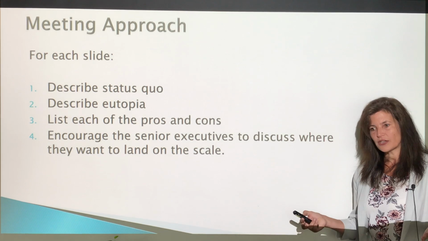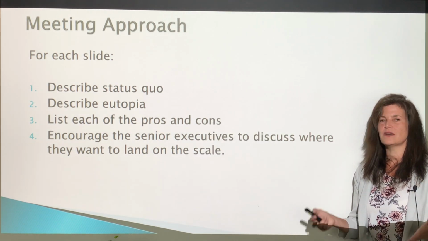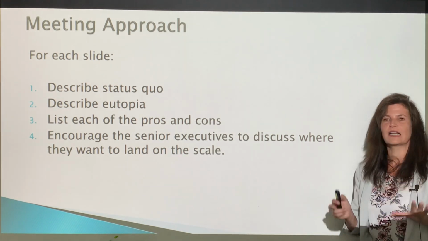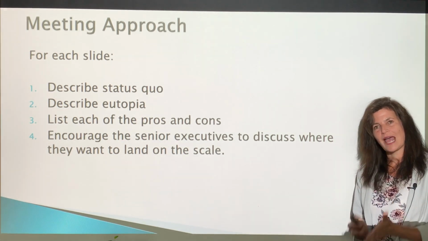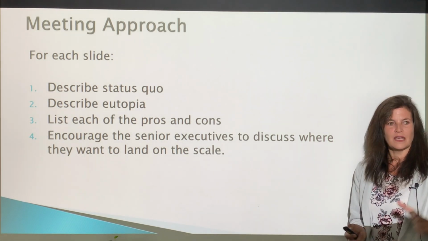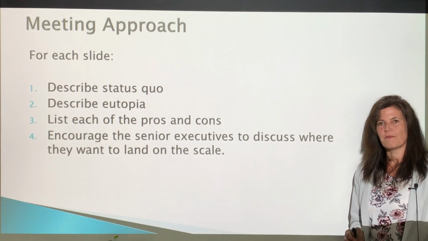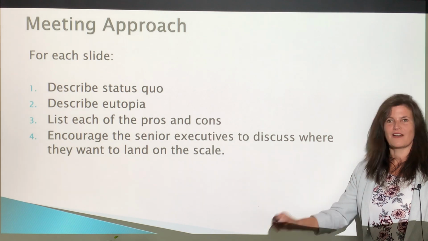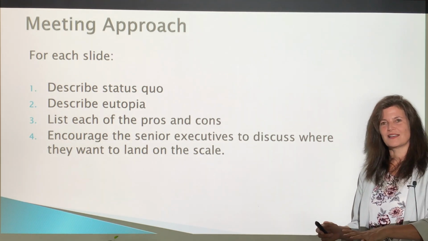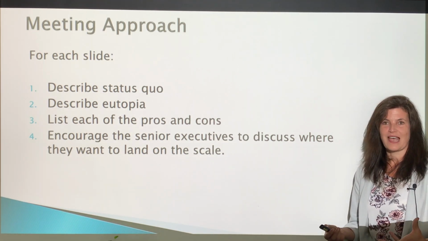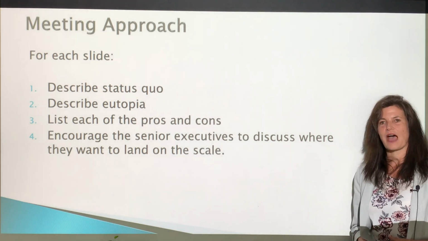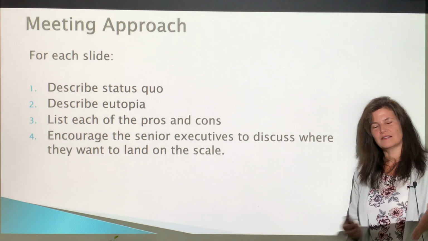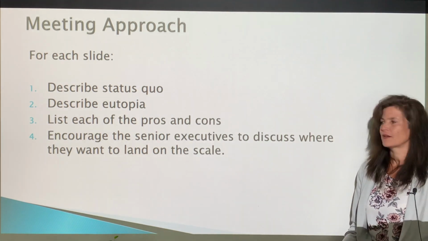And if you've got some arguments in the room, it is the CEO or the number one, the president, whatever their title is, that is going to help you land on where you go. CFO is going to want to save money, IT is going to want the flashy new technology, and business is going to want their citizens happy, HR is going to want their staff happy. You can't please everybody, but you've got to figure out where you're going to land.